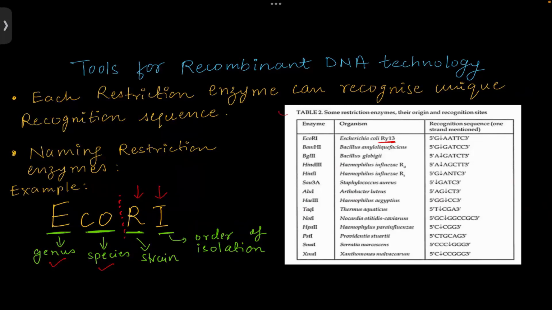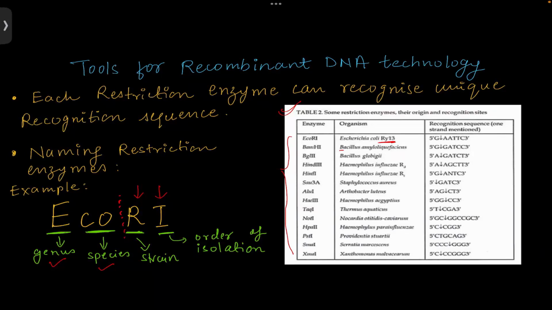In this particular table, you can see there are other restriction enzymes mentioned apart from EcoR1, like BamH1, HindIII, TaqI, SmaI. In BamH1, B refers to Bacillus, the name of the genus.